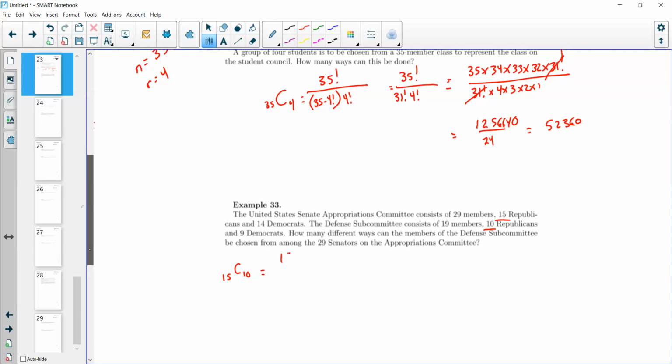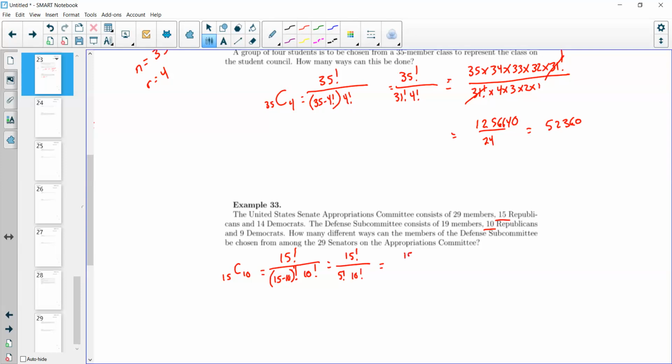So we're looking at 15 factorial over 15 minus 10 factorial, and then 10 factorial, which is 15 factorial over 5 factorial, 10 factorial.